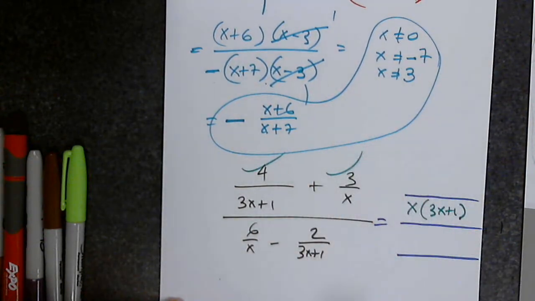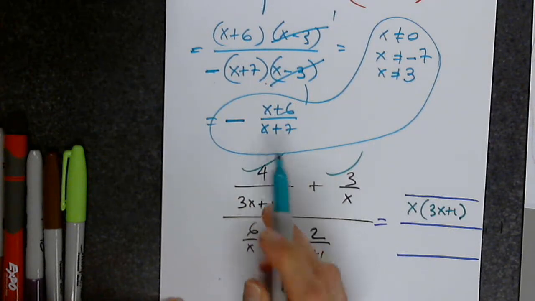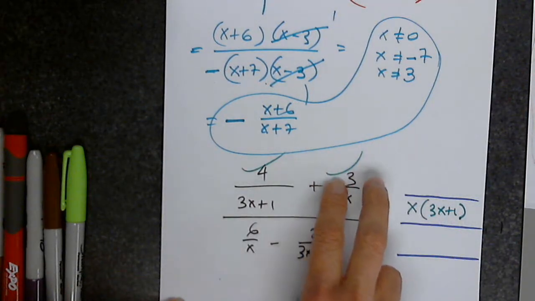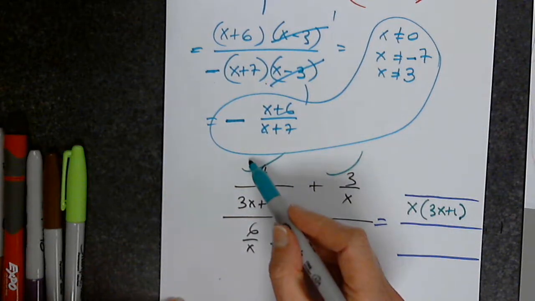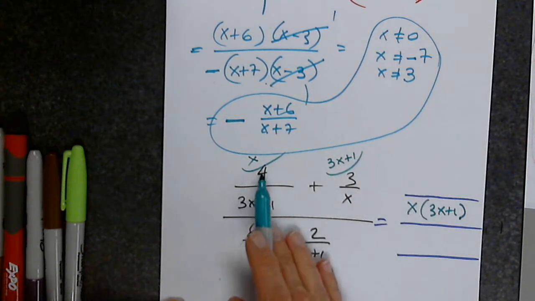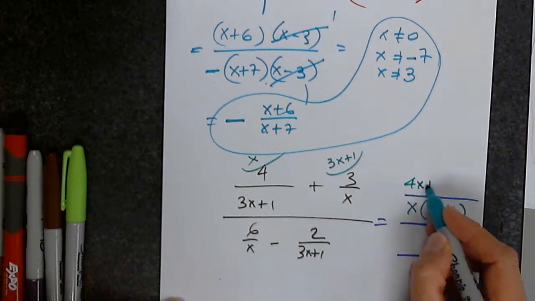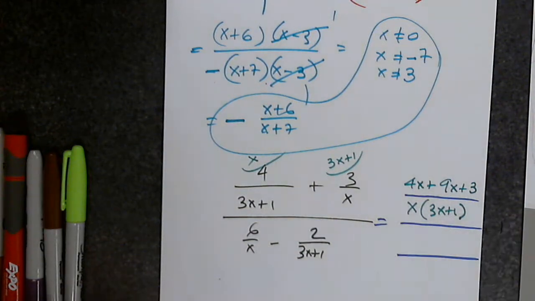Adjustments for the tops. And it's also easier to see what the adjustments are because if I multiply, I may get confused. So this is good. So then 4x plus 9x plus 3.